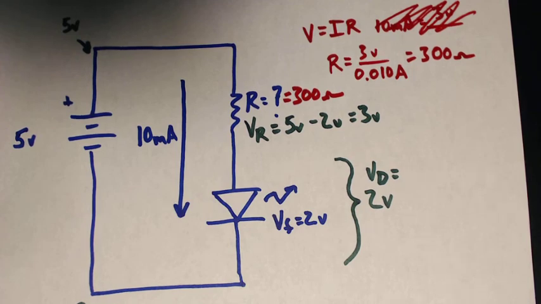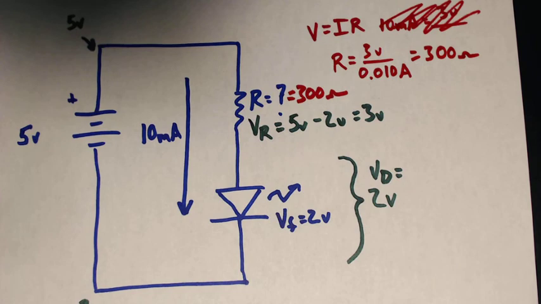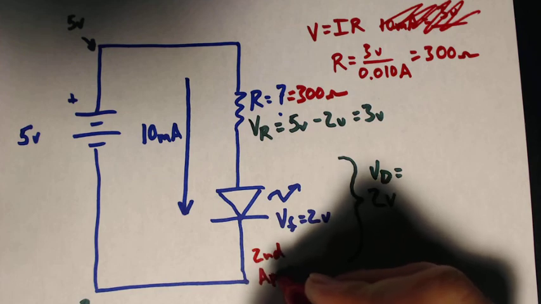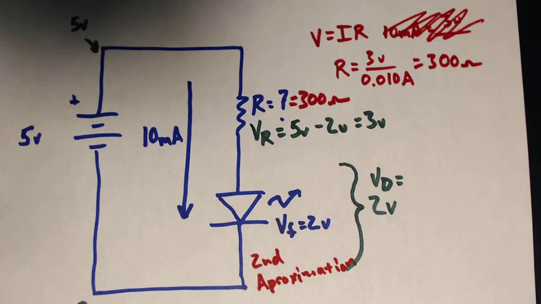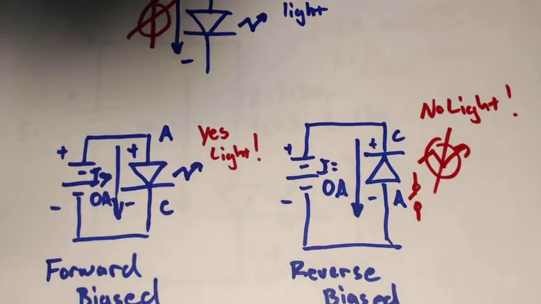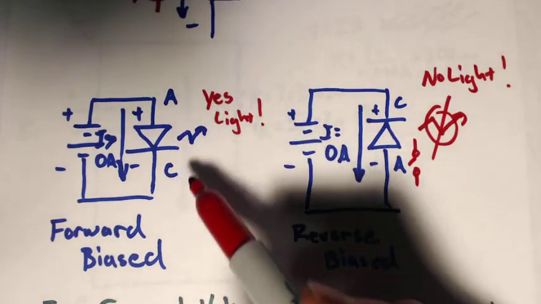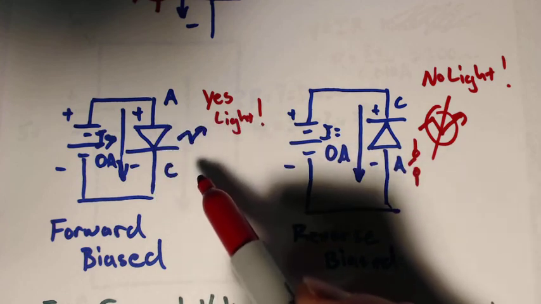Okay, so once we take the forward voltage into account, this is referred to as the second approximation. Before, when we were treating an LED as simply a switch that's either closed or open, we were performing the first approximation.